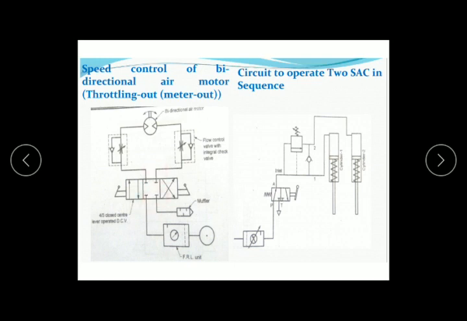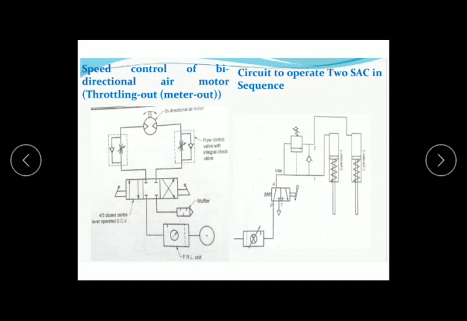To control the speed of the motor in the clockwise direction, we can change the opening of this flow control valve. Once you change the opening of the flow control valve, there will be a restriction to the flow of air, and the speed of the motor will automatically change.